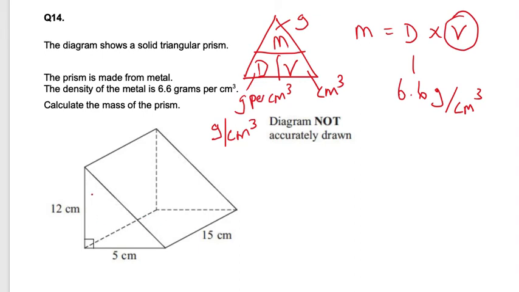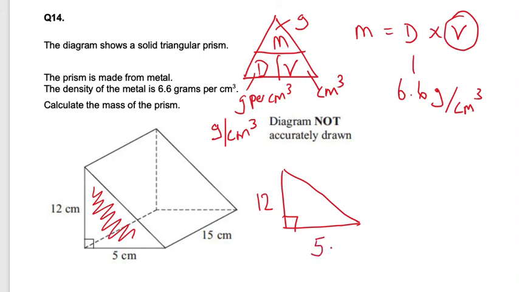The first thing we've got to do is work out what this area here is. So we've got a triangle. This side here, the vertical height is 12 centimetres, and this length here is 5 centimetres.